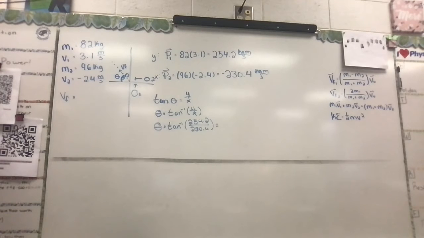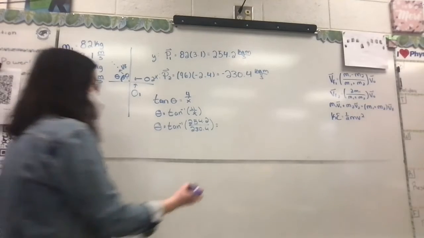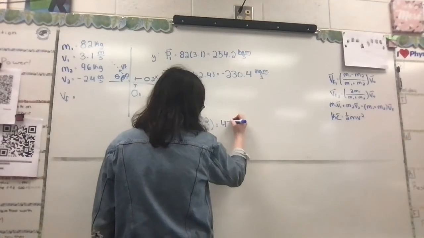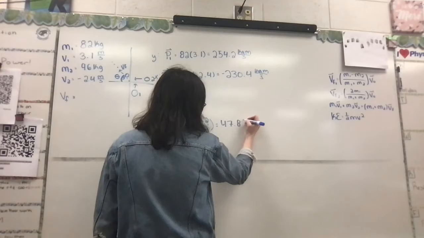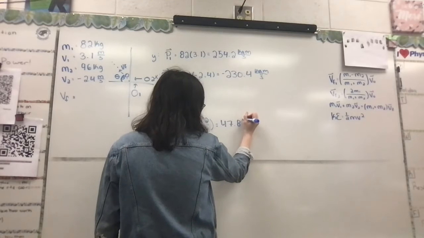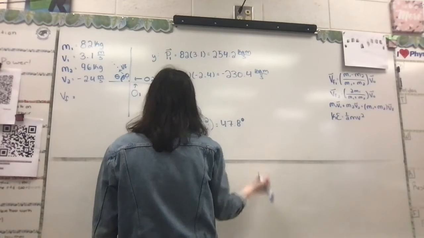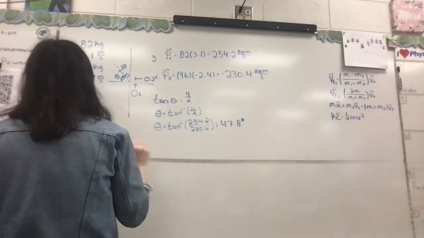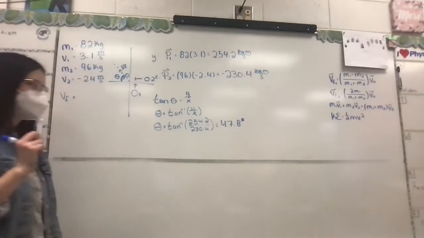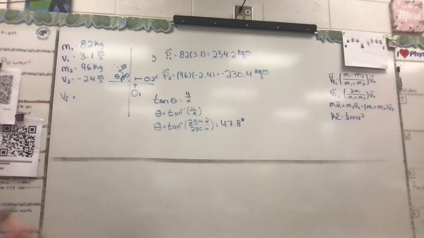No. So it would be 47.8. 47.8 what? Degrees. Oh, you don't need a second. Well, if you put the 1, that's fine, but I was looking mainly for degrees because you guys didn't say degrees. Okay. Now that we have theta, we are in luck.